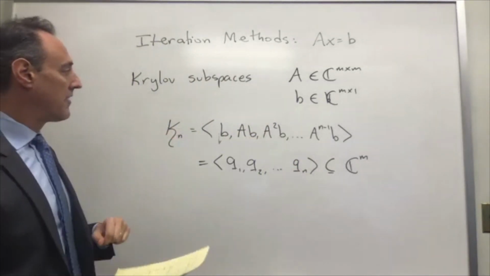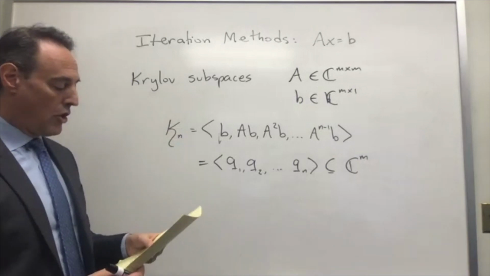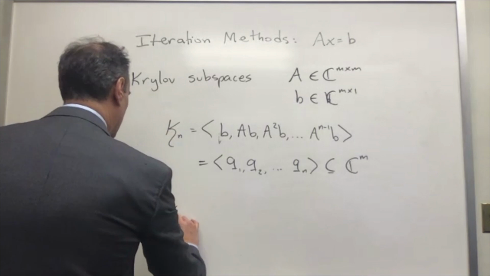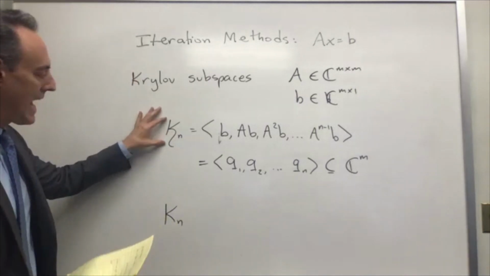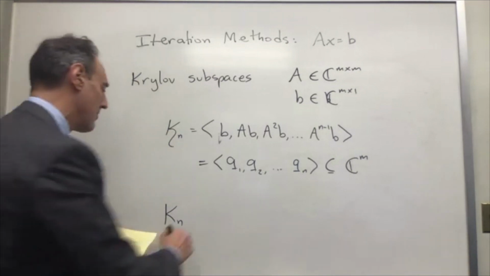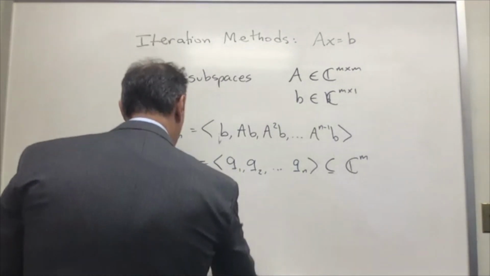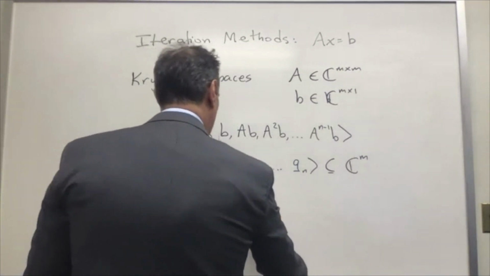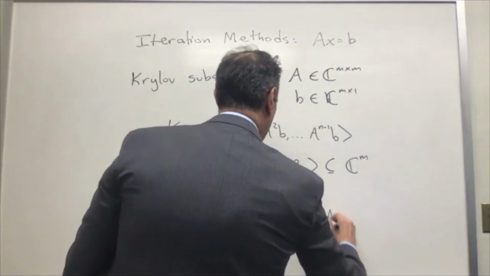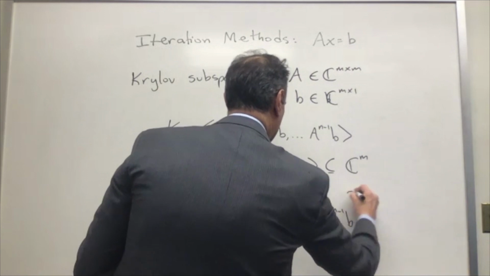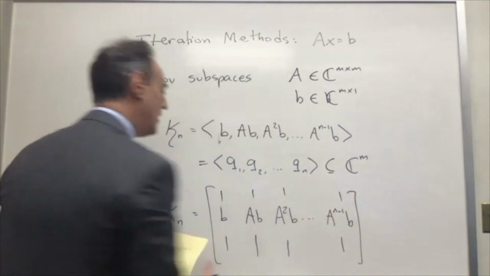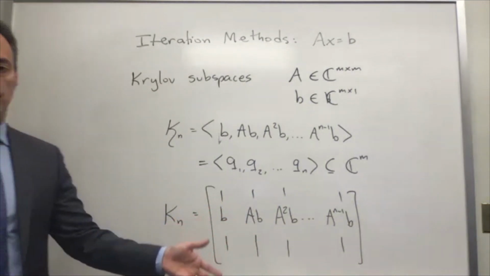And so we're going to start defining some things. In particular, what I want to do is define the Krylov matrix. So this is K. This is going to be a matrix, and the matrix I make here is B, AB, A squared B, all the way to A^(n-1) B. There it is.